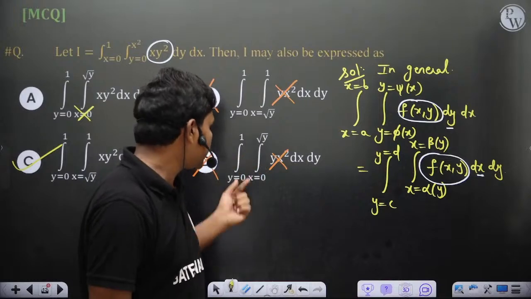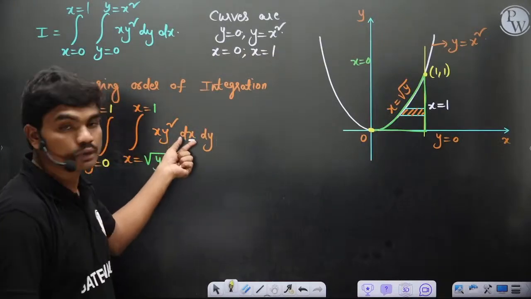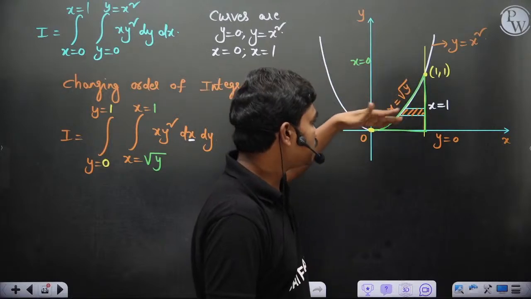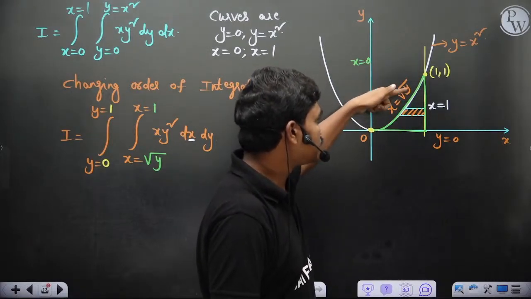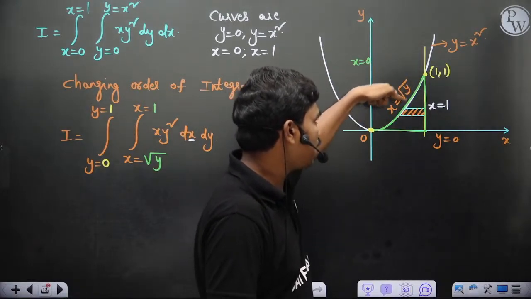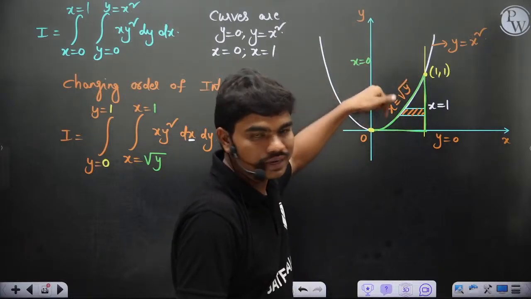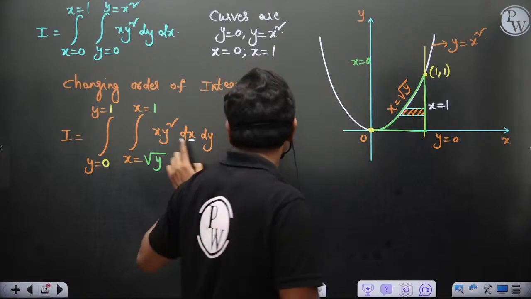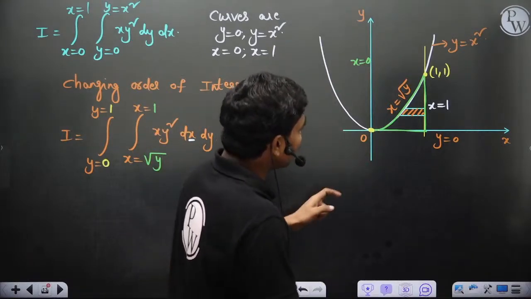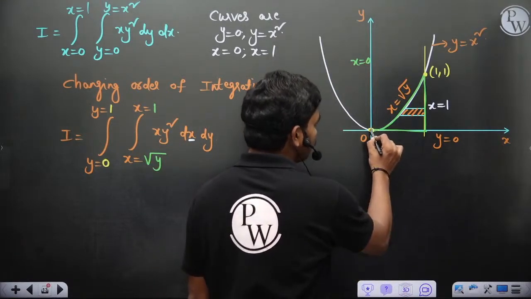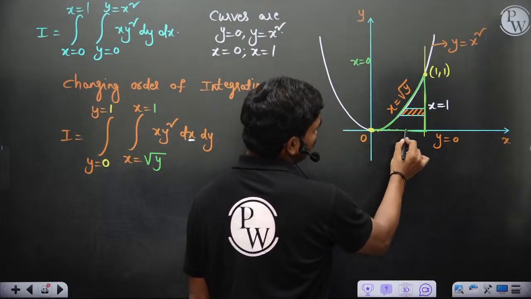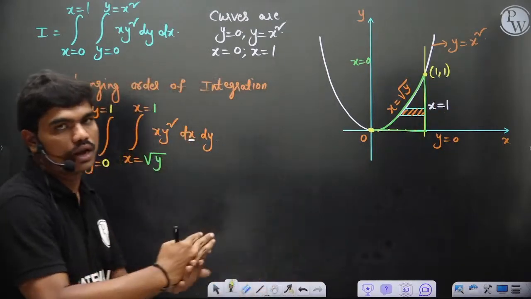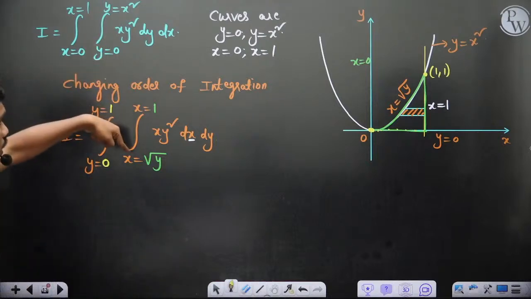When you are writing this integration with respect to x as the first variable of integration, in this horizontal step, as you move this step in the complete region, the least value of x is always given by the curve x is equal to root y, and the maximum value is always given by x is equal to 1. So x equal to root y to x equal to 1, and the least value of y in this complete domain is 0, which is at any point on this line, and the maximum value is 1. So y changes from 0 to 1, and that's how this integral can be converted to this integral.